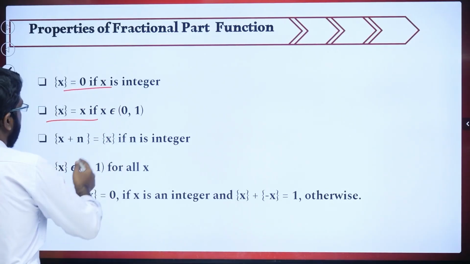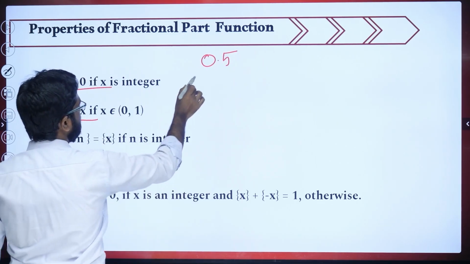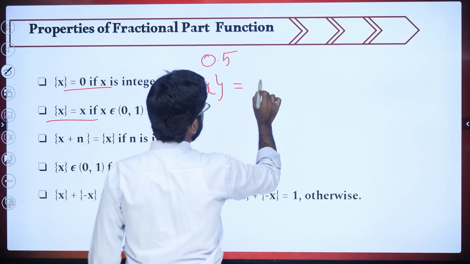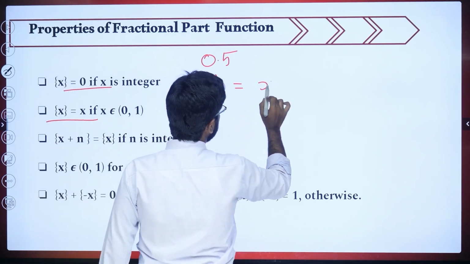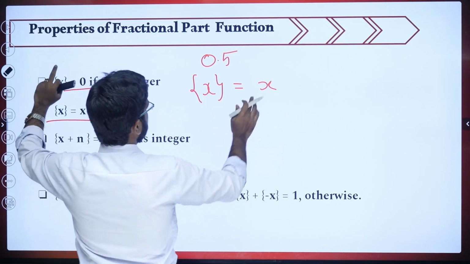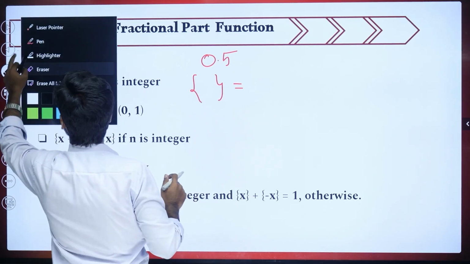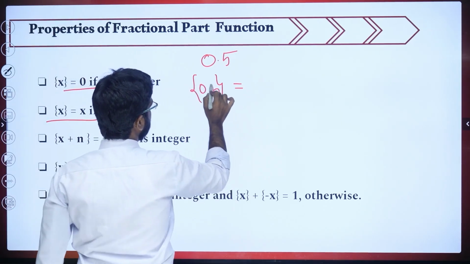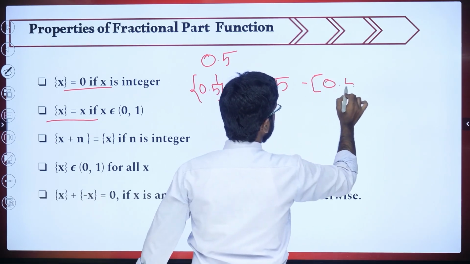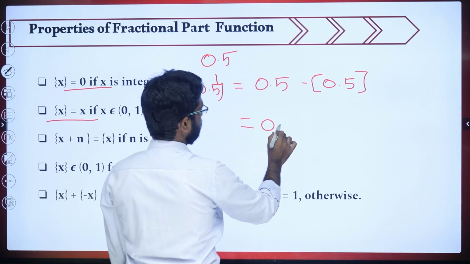Now this property: whatever value, if you take 0.5, my dear students, let's take the fractional part of 0.5 is equal to x, they are saying. So here, I'll take 0.5 minus the greatest integer of 0.5. Again that will become 0, I'll get 0.5.